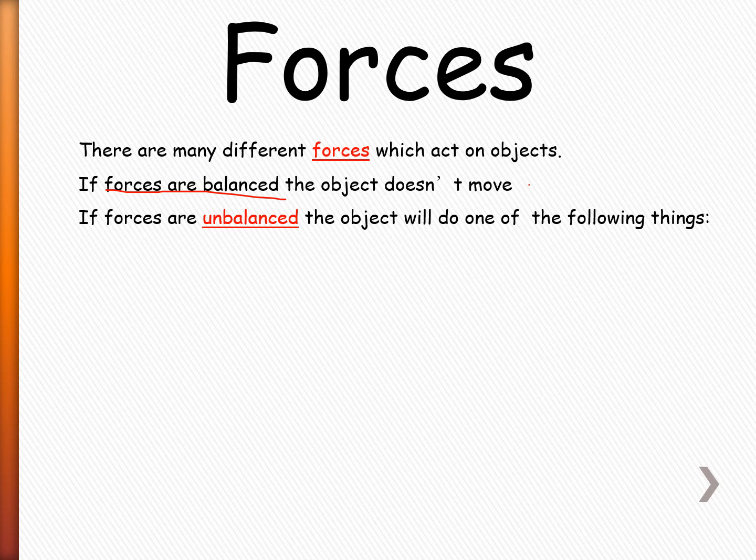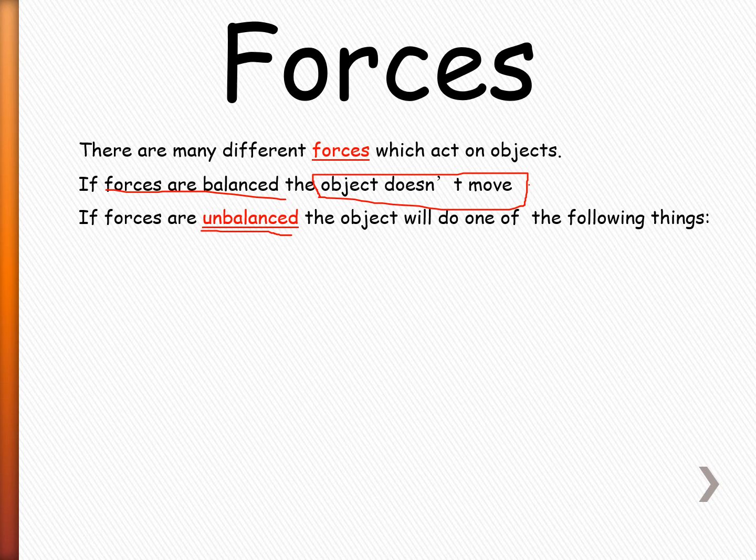So what will happen? The object doesn't move. There will be no movement. How about if the force is unbalanced? If the force is unbalanced, the object will move in the direction of the bigger force.